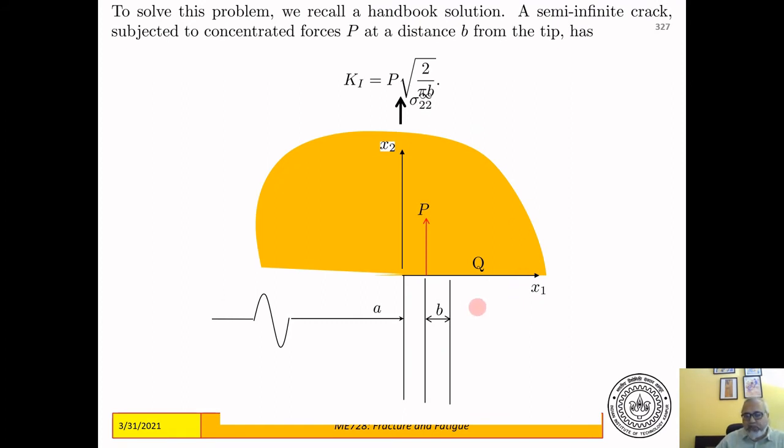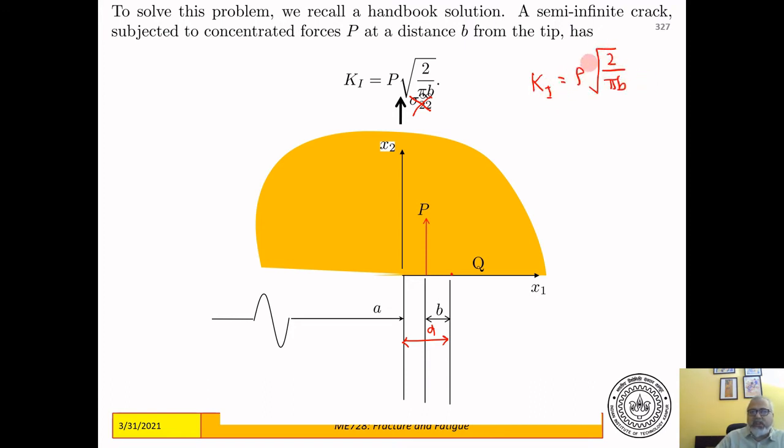We have the solution to this problem where P is located at a distance B from the crack tip. The crack tip is here. This length is D. So when concentrated load P is located at a distance B, then for this problem with no loads applied at the remote boundaries, K1 is equal to P.